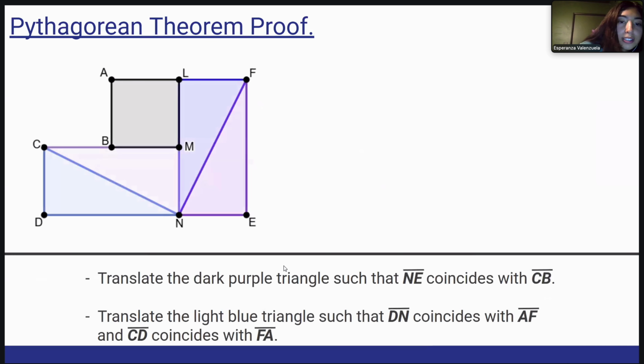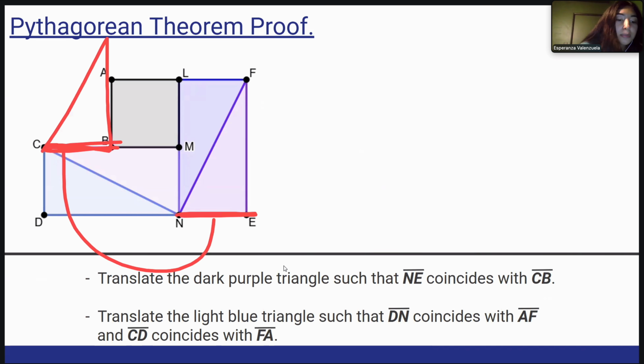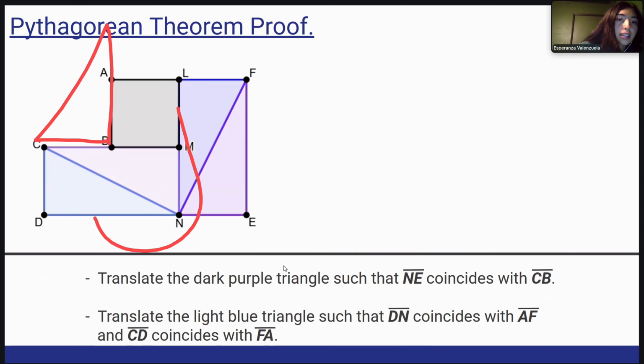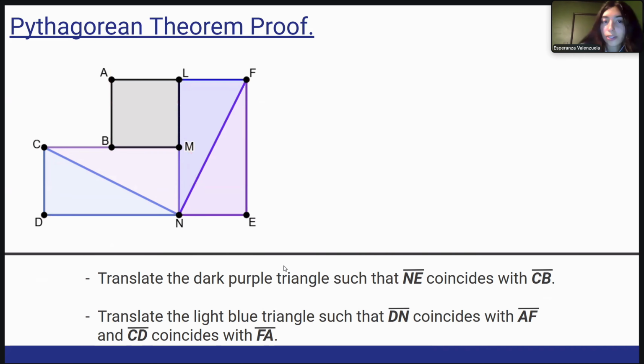Now we will translate this dark purple triangle such that NE coincides with CB, and we know that they do coincide since that is A and that has a length A. And then we will also translate this light blue triangle like so, such that DN and AF coincide, and we know they coincide since this length is B and that length is B by construction.